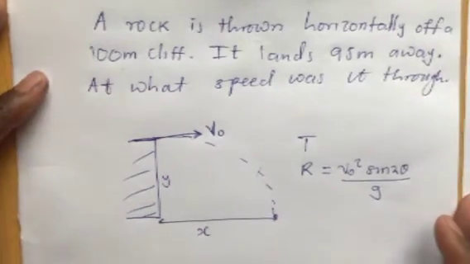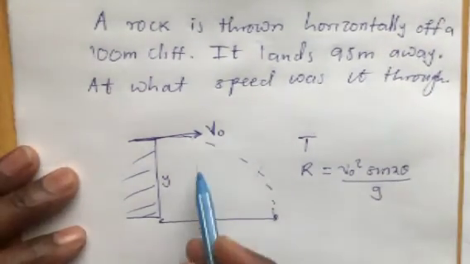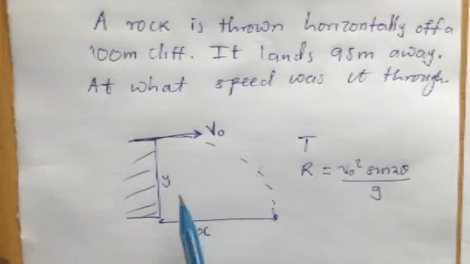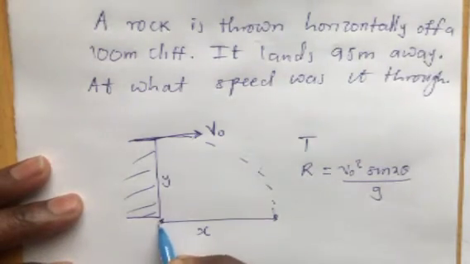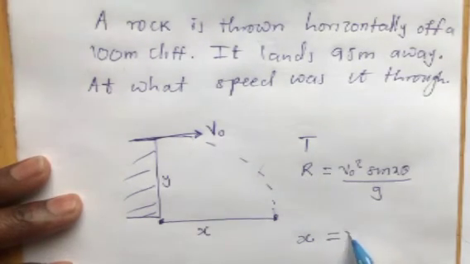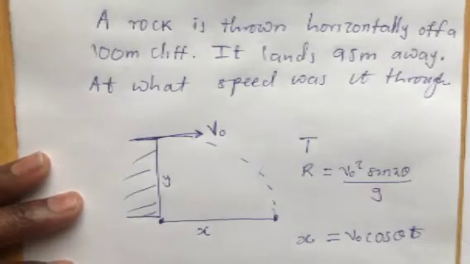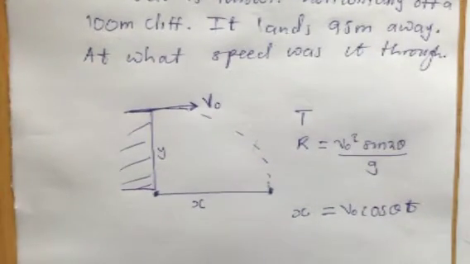If you want to find the horizontal distance, we normally use this equation: x equals v initial cos theta t.